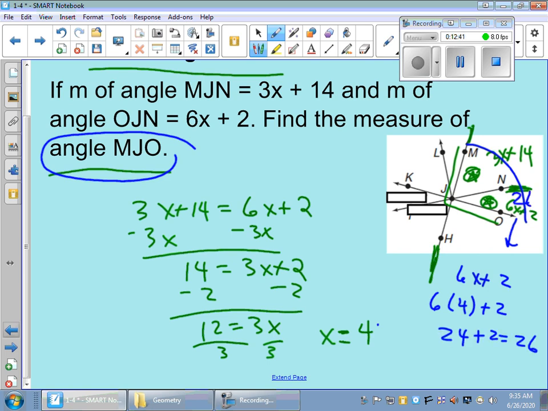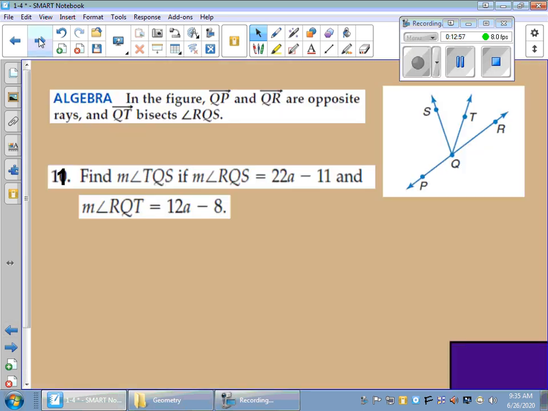If this is 26, this is 26, add those two up, and the final answer is 52 degrees. So again, that's where we use part plus part equals the whole.